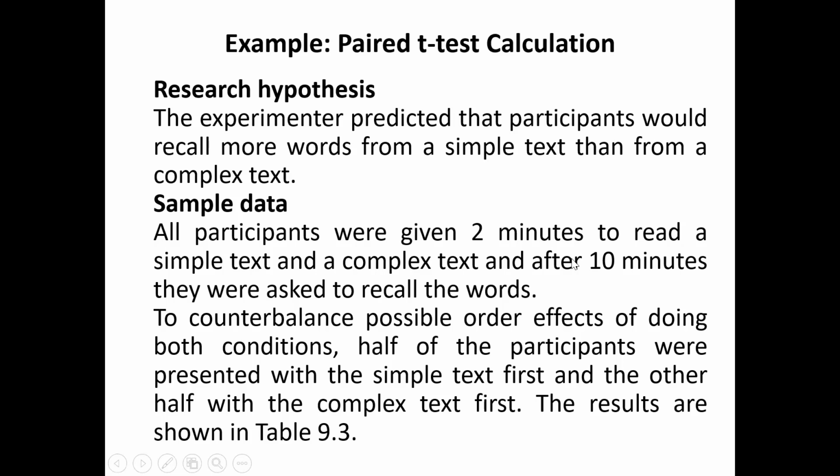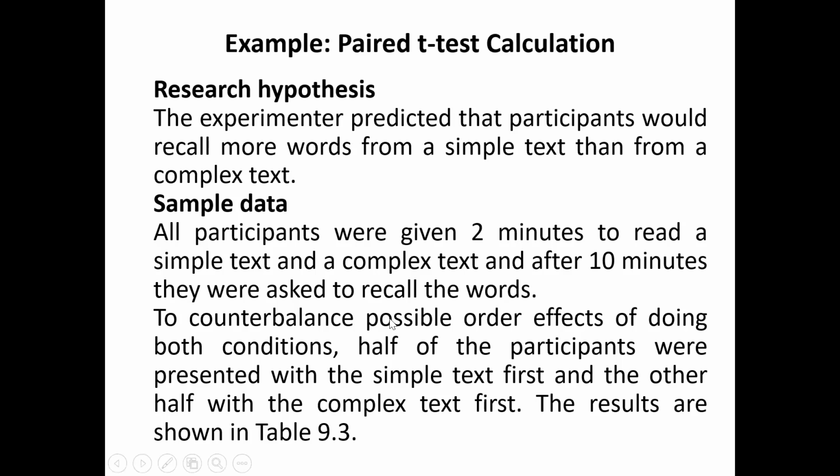After reading the simple text, they completed a test. After 2 minutes of reading the text, they were given 10 minutes to record the words and complete a test. Then they also did the same thing the other way around.